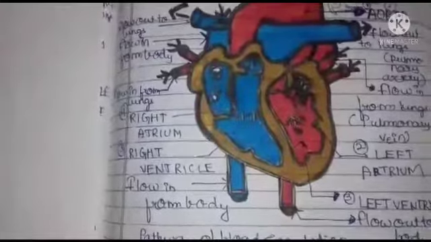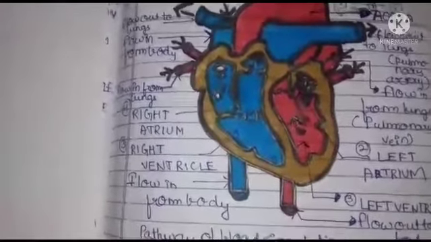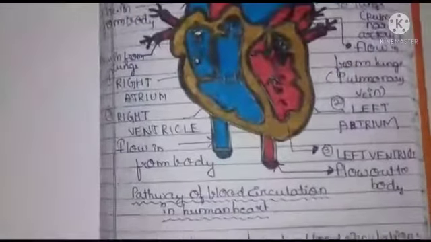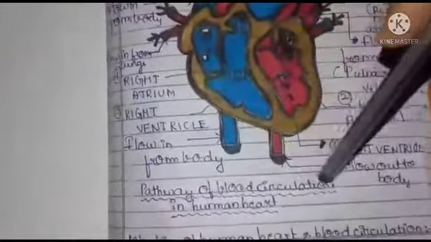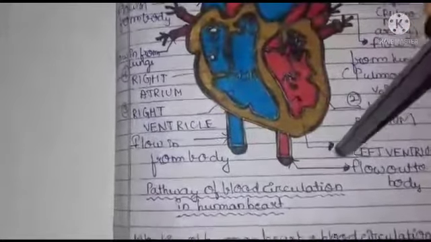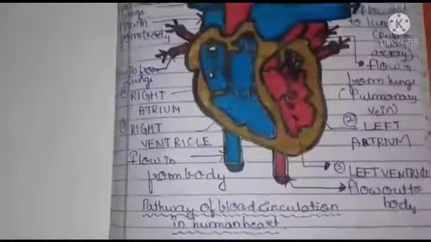Yes, friends, now we are here with the structure of the heart. Now, let us learn about the pathway of blood circulation in human heart, and also about the chambers, aorta, and some other parts at the same time.